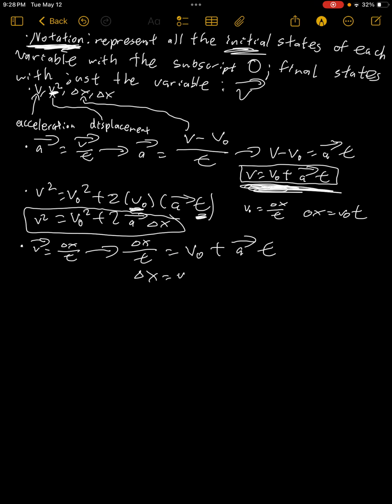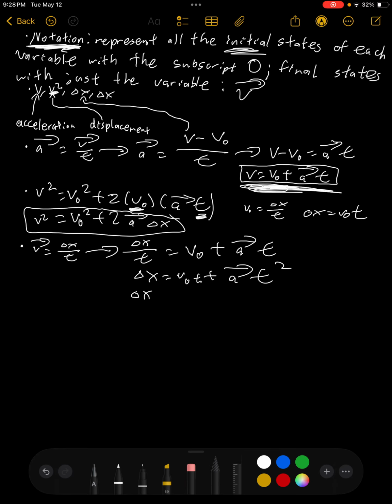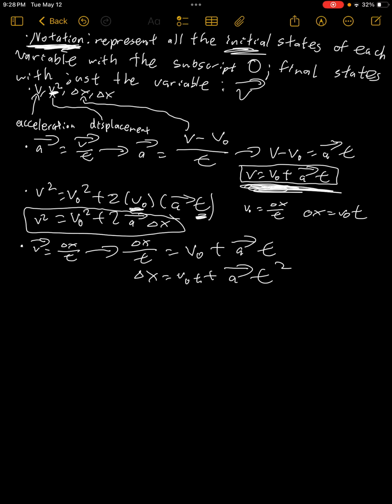so displacement would equal v0t plus acceleration times time squared. But notice that this actually isn't the final one, since we're finding the final position, we have to include the initial position in it.